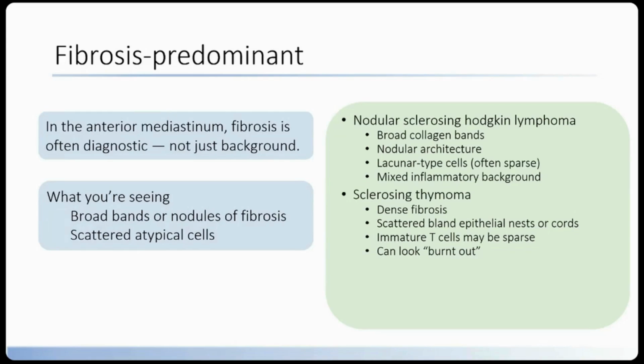There is an entity called a sclerosing thymoma, which has a far greater fibrotic component than conventional thymomas, but conventional thymomas, if they've been unfortunate in the area that was sampled, may also have that appearance on a biopsy. A post-treatment effect may be seen.